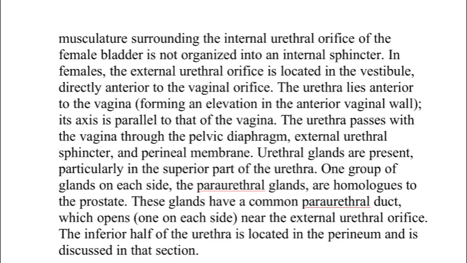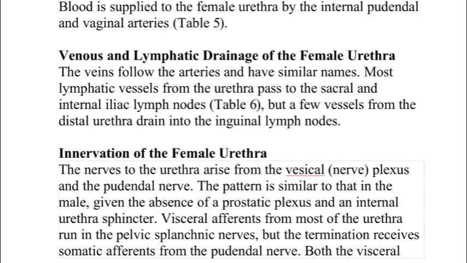What about the arterial supply of the female urethra? Blood is supplied to the female urethra by the internal pudendal and vaginal arteries. Venous and lymphatic drainage of the female urethra is such that the veins follow the arteries and have similar names.